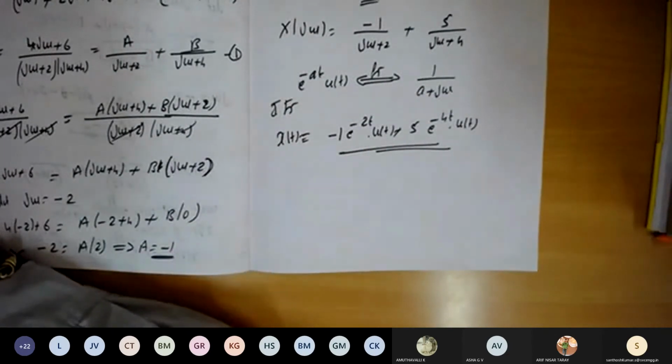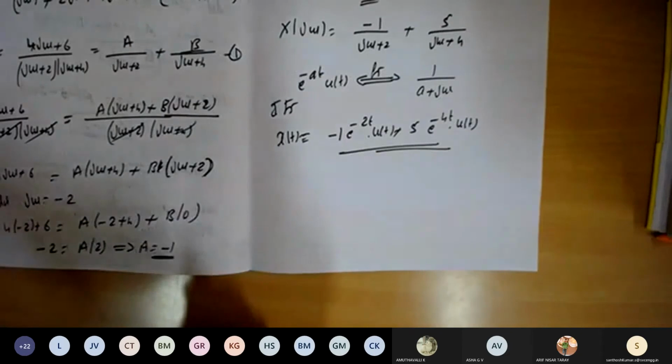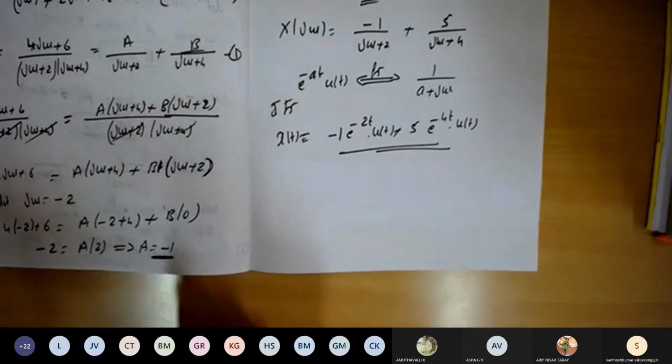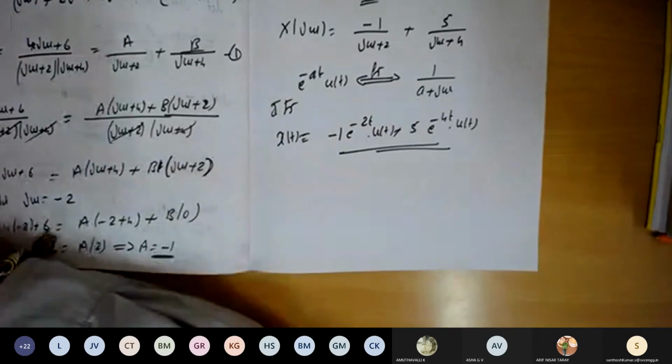In this module 4 we have seen the discrete time Fourier transform, its properties and proofs, and problems using the discrete time Fourier transform and inverse discrete time Fourier transform. Later we came across the Fourier transform and its properties, and many problems in the Fourier transform and the inverse Fourier transform by using the partial fraction expansion.